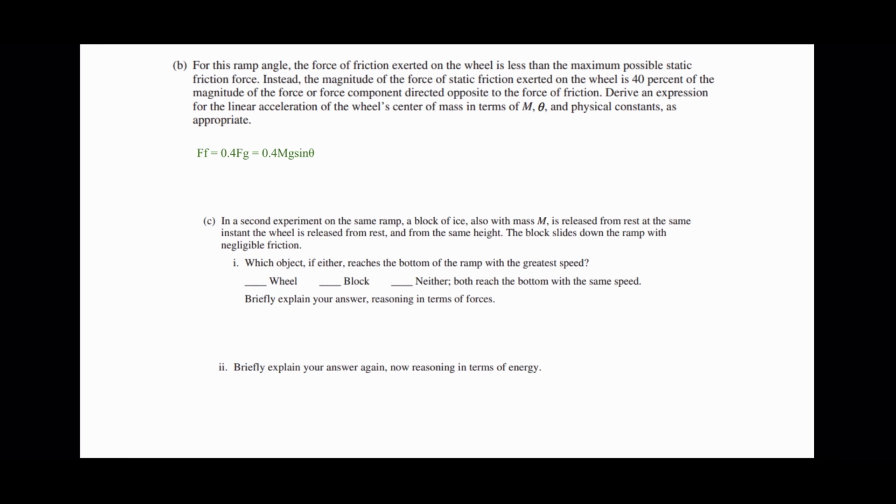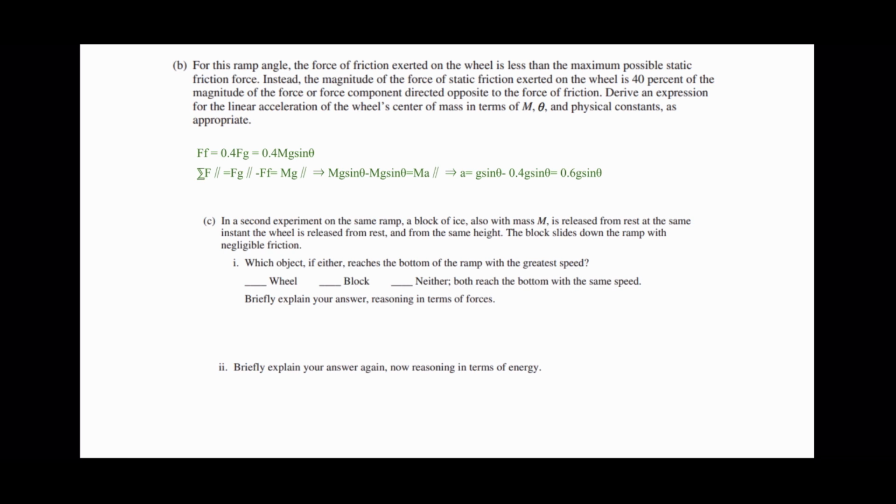And now we have to make an equation. So I'm going to write it out here, and then I'm going to explain my steps. So it's the sum of forces parallel to the ramp equals force of gravity parallel minus force of friction, which equals m g sine theta minus 0.4 m g sine theta, which equals m times acceleration parallel.